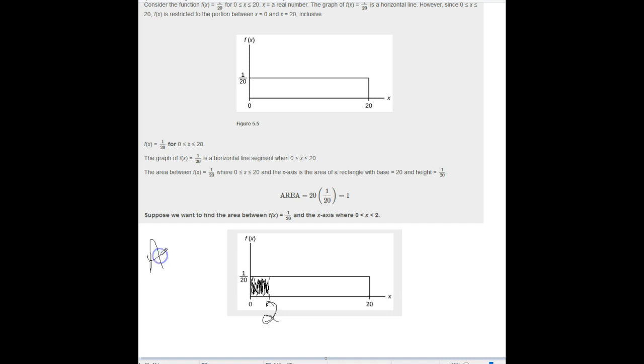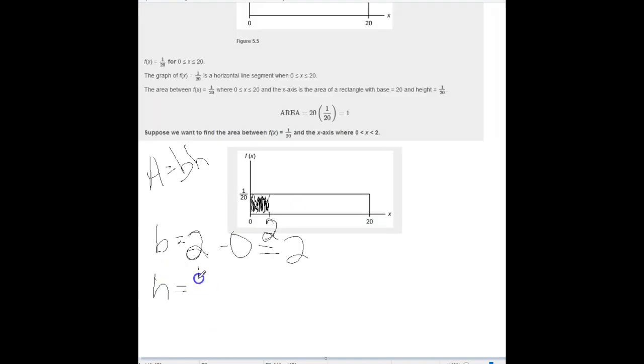Just a reminder, area equals base times height. So in this instance, the base is 2 minus 0, and the height is 1/20. So area equals 2 times 1/20.